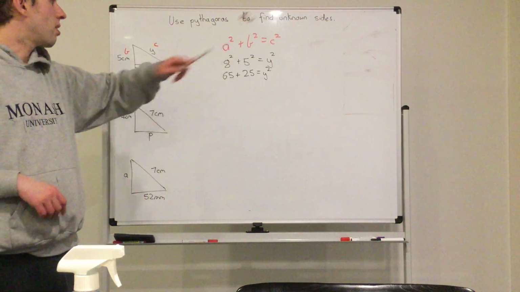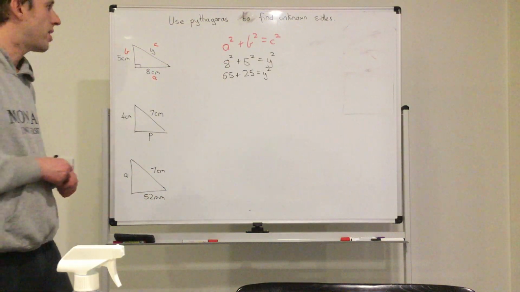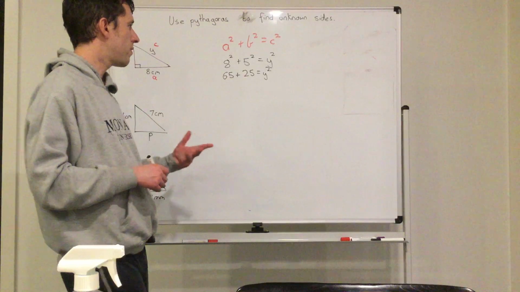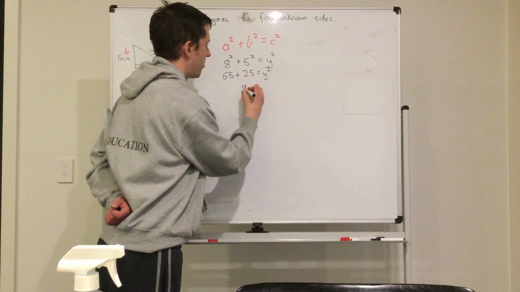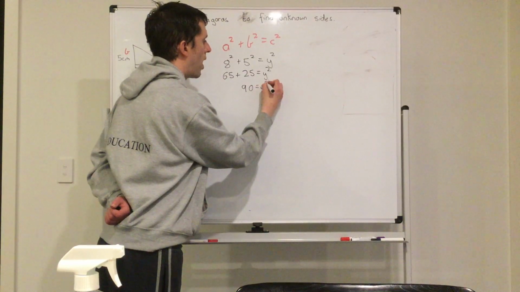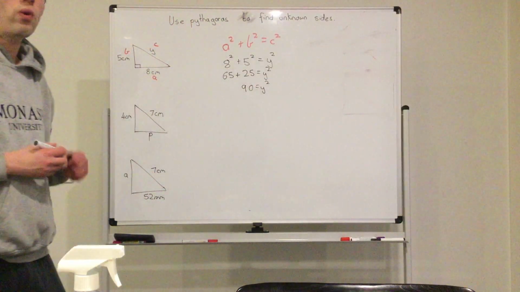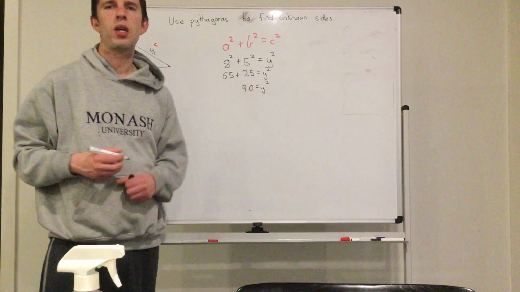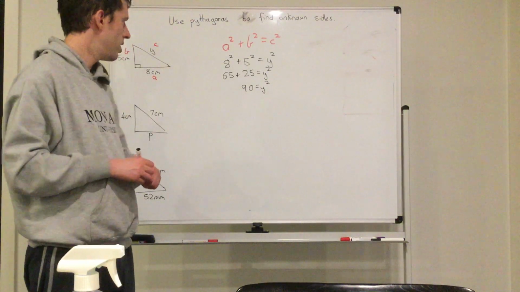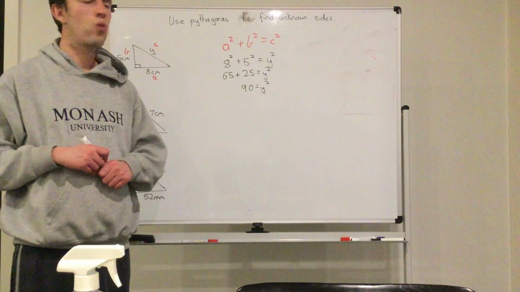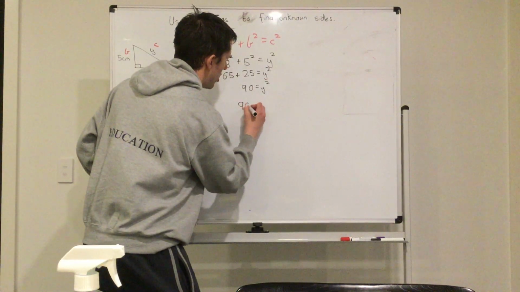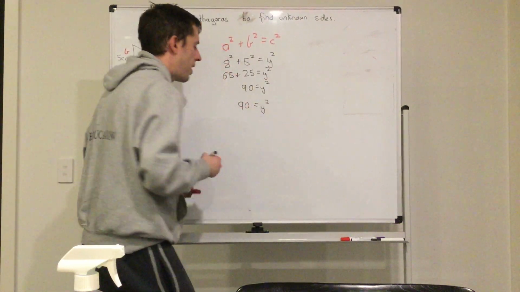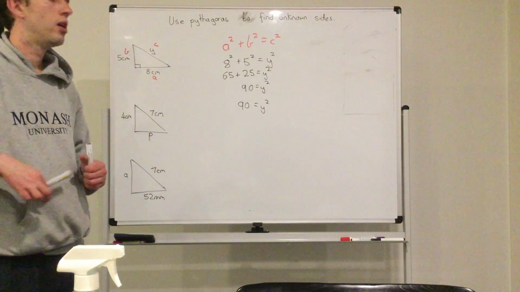Next thing I'm going to be thinking about is adding 64 and 25 together. So 64 plus 25 is 89, equals Y squared. Now, what's the opposite of squared? Square root. So to get the squared away from that side, I am going to do the same thing to each side.